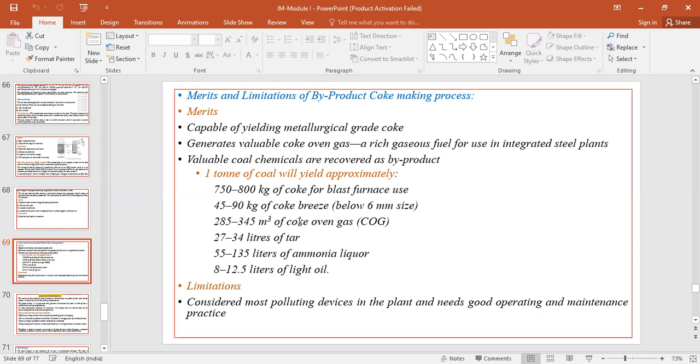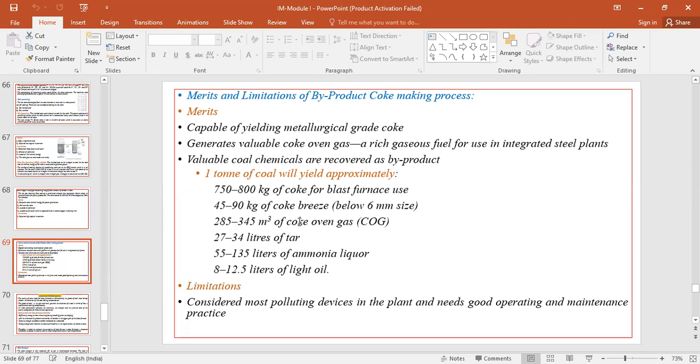Before we subject this metallurgical coke to the blast furnace as a fuel, we need to do some quality testing, quality assessment, to understand whether the coke will sustain those environments, whether it can undergo proper combustion in front of the tuyeres, and whether it has good strength or not.